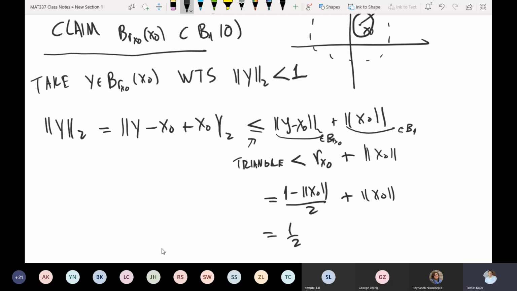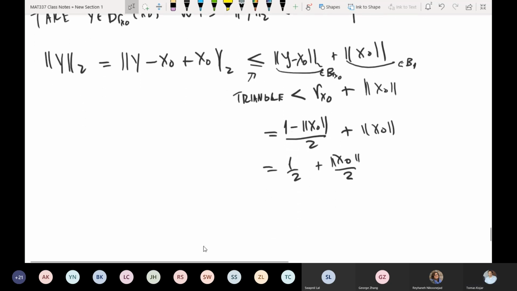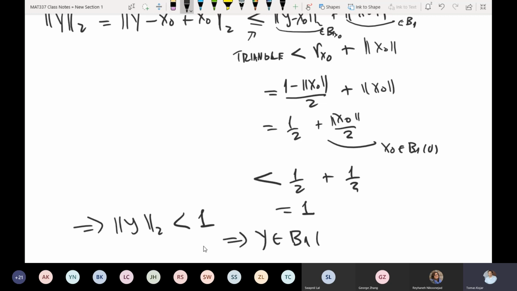So then you have 1/2 plus x0/2. And then you use that x0 is in B1. So that gives you y2 is strictly less than 1, which gives you that y is in B1(0).